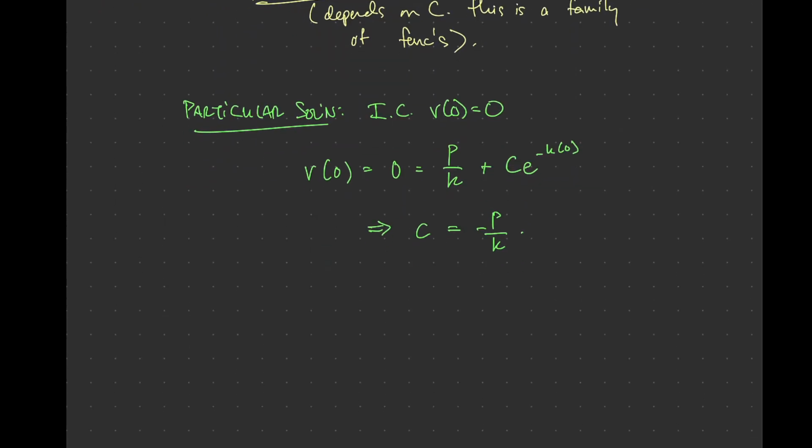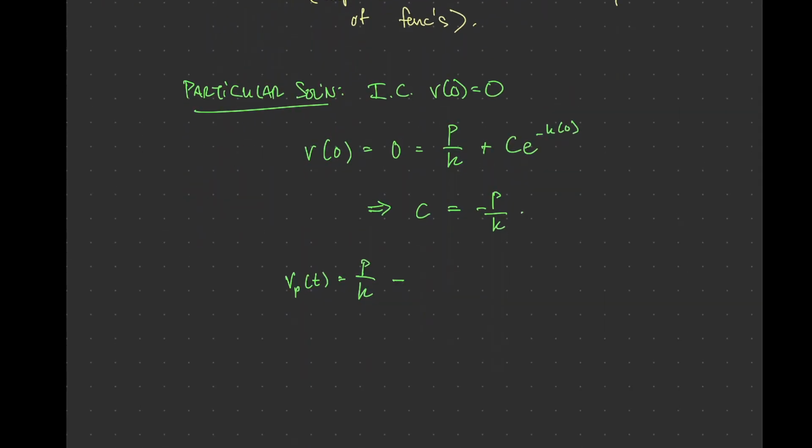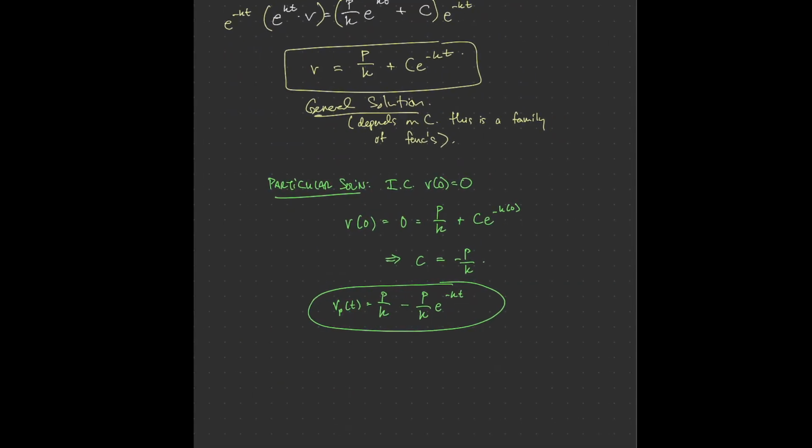All right, so then our particular solution, you can call it vp of t if you want to, is p over k minus p over k e to the negative kt. So again, p and k can be derived from data, but this would be the particular solution to this DE.